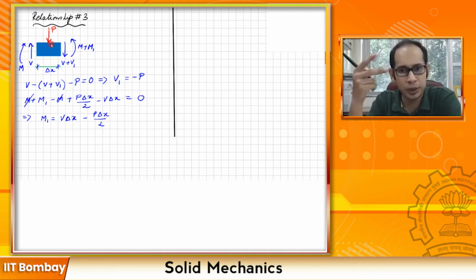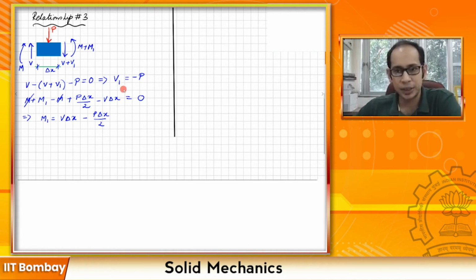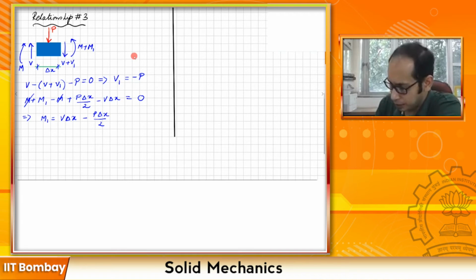So two important things we learned from this relationship. Number one is that your shear changes by an appreciable magnitude. So maybe let's make a quick note of that.